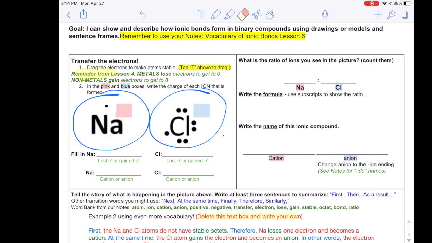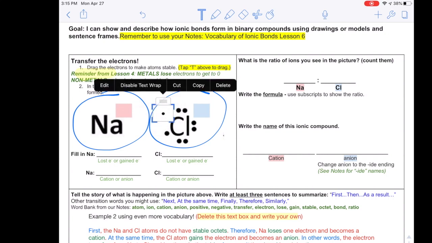So that's why we say 0 is stable. It's not really that 0 is stable, it's that when I lose this electron, it will be full underneath. And then the chlorine, because it has 7, it would like to gain. So the idea here is that you can drag them to make the atoms more stable.